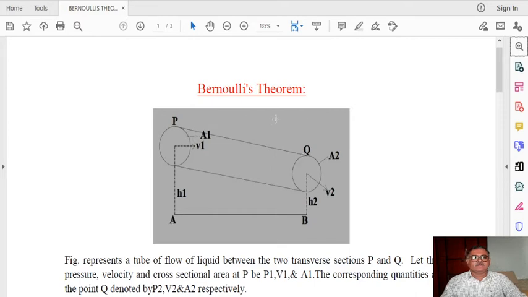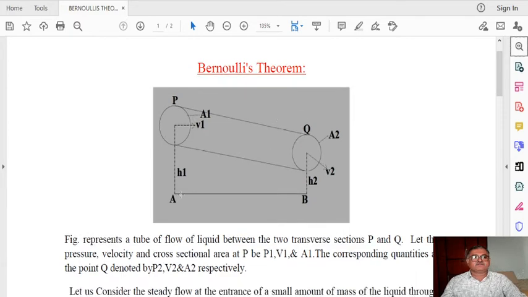See, let the pressure, velocity and cross-sectional area of this tube at this P be denoted as follows.